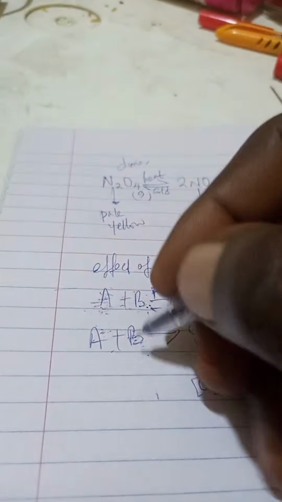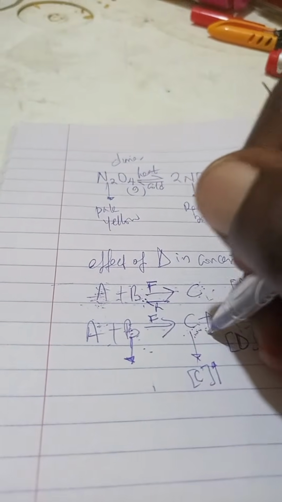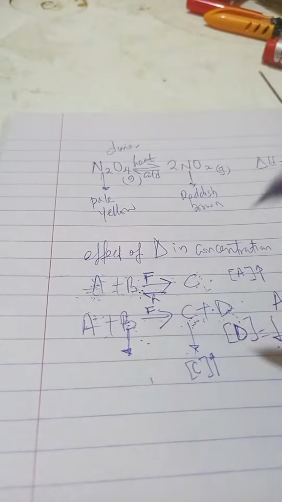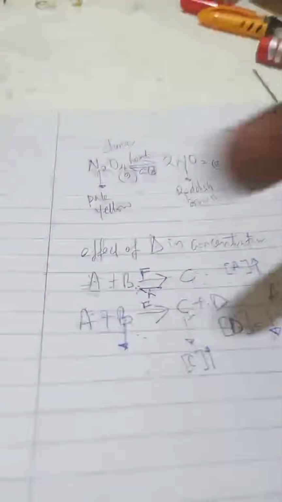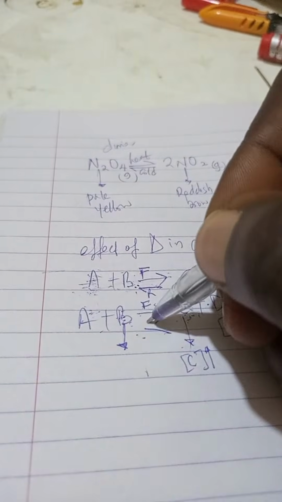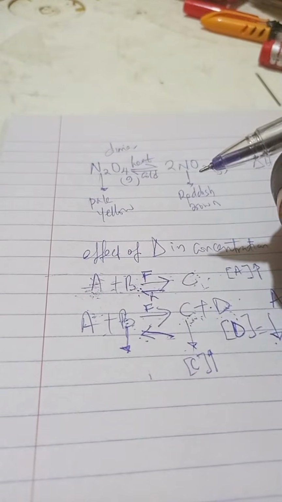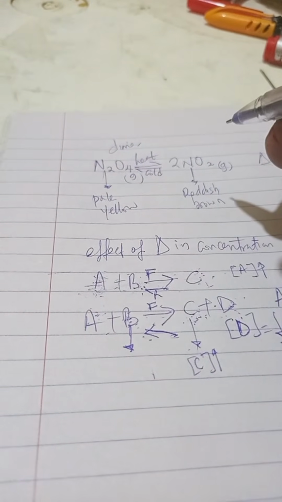Since you are reducing the B, this system will be like, this B is going down. What will it do? It has to produce more B. And how will it produce more B? It must favor the backward direction now, to go to where B is. This thing is very, very straightforward. Don't let it confuse you.